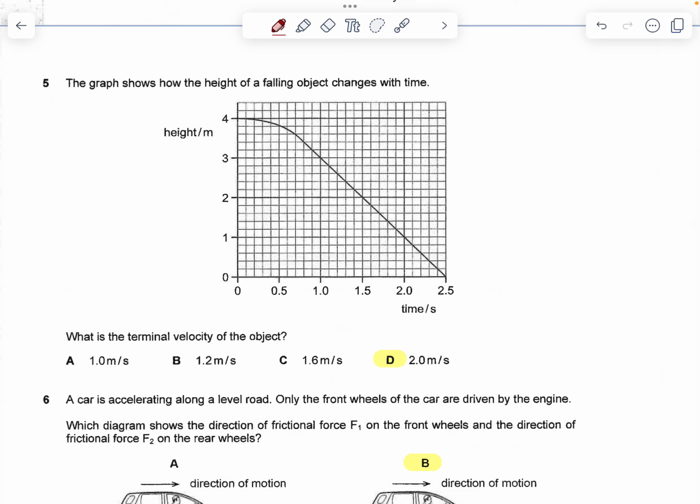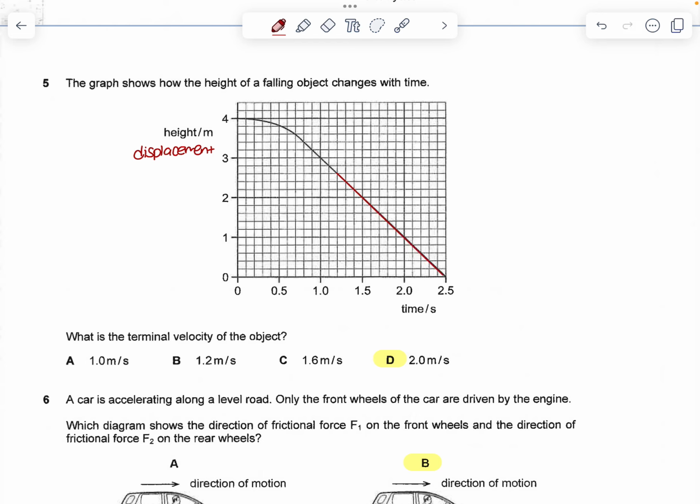Question 5. The graph shows how the height of a falling object changes with time. So the height here is actually displacement. You can see that the displacement is changing. It's at terminal velocity when the graph is a straight line.